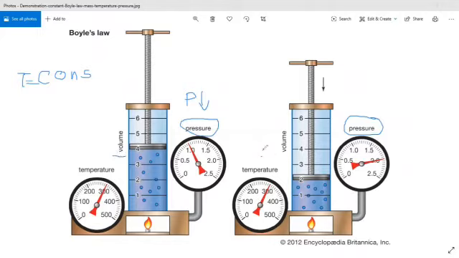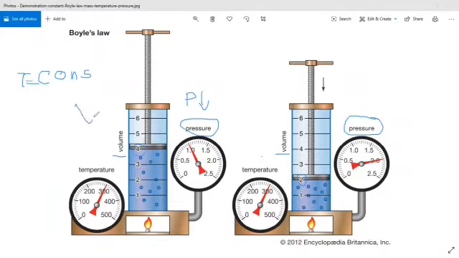Volume here and volume here. The volume here is 2 milliliter. The volume here is 4 milliliter. So what happened to the volume here? Here volume is 2, and the volume here is 4. What happened to the volume here?